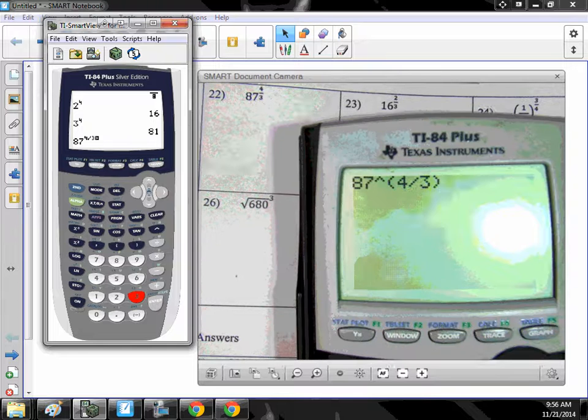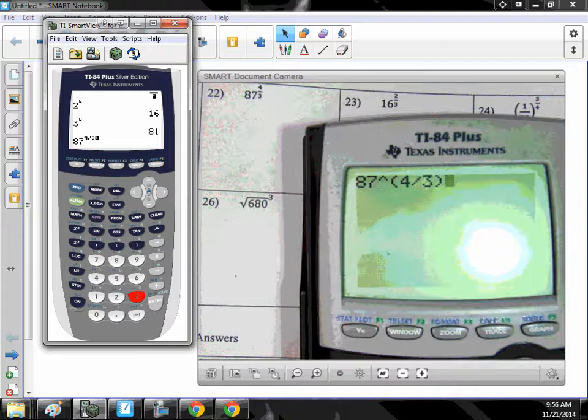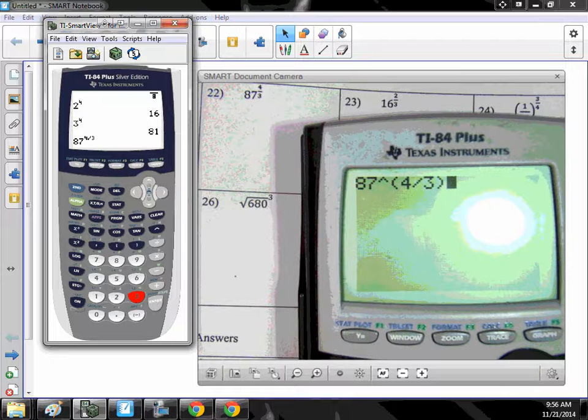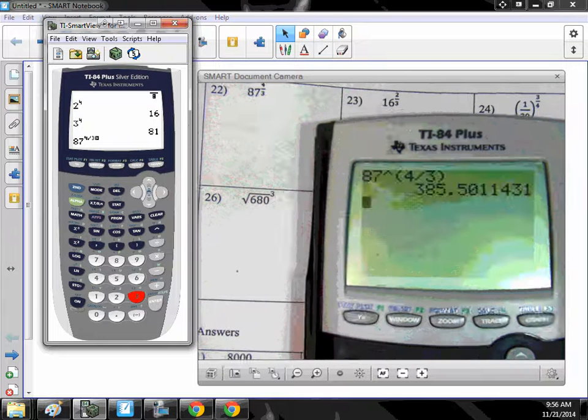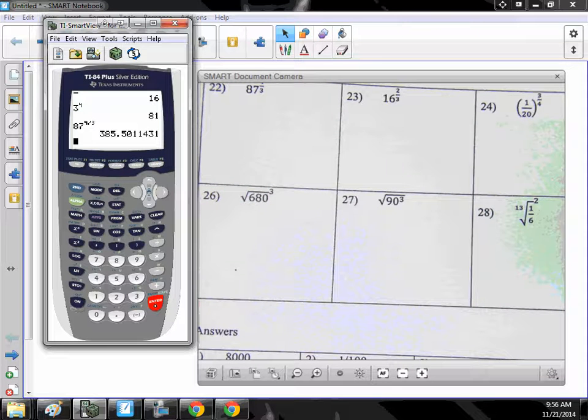So it needs to look like this. Otherwise, you're going to raise it to the 4th, and then after you're done, divide it by 3. So that's 385.5, and my calculator gives the same value. Okay? All right. Good luck.